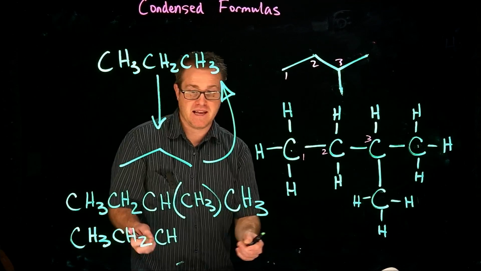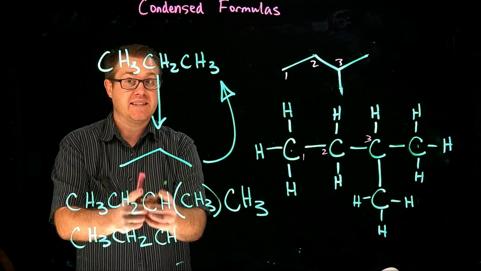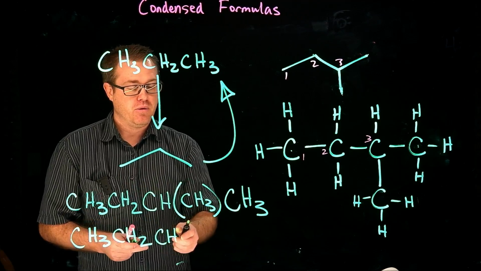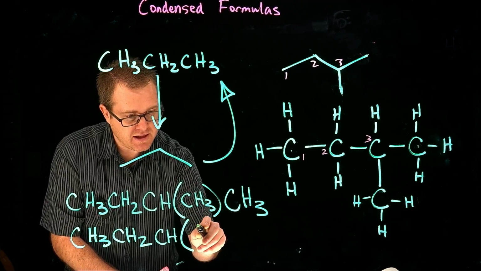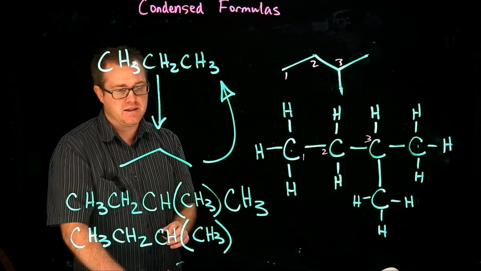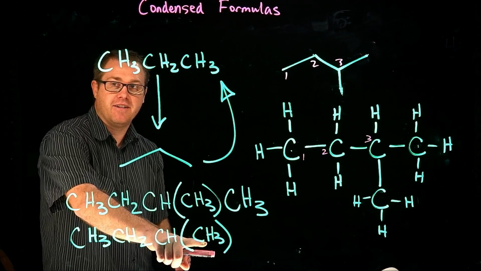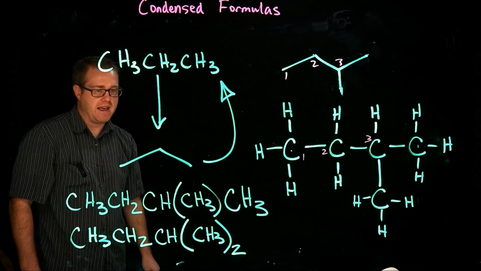And how can we represent 2 carbons directly attached to the same carbon? Well, you would put both of those into parentheses. So you go parentheses, CH3 like that, close parentheses. But how many methyls are there? There's 2 of them. So you put a little subscript like that.